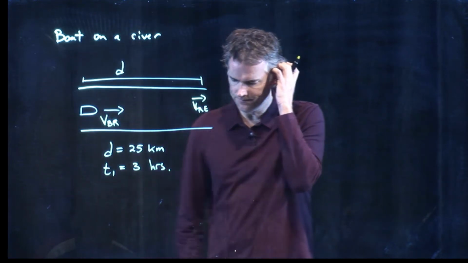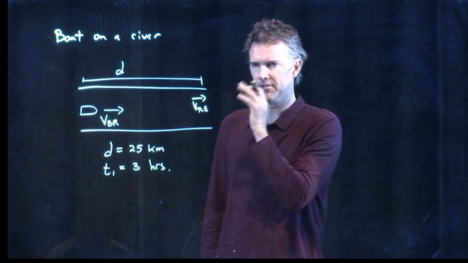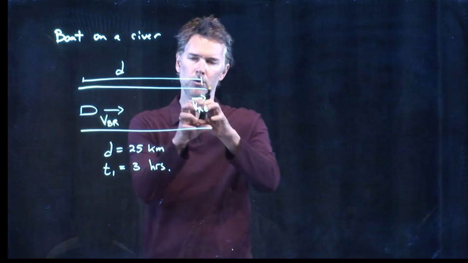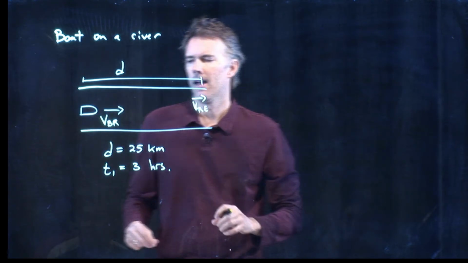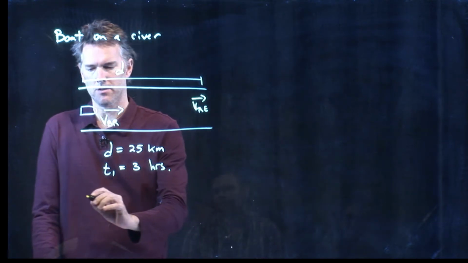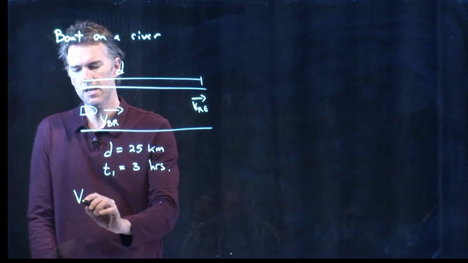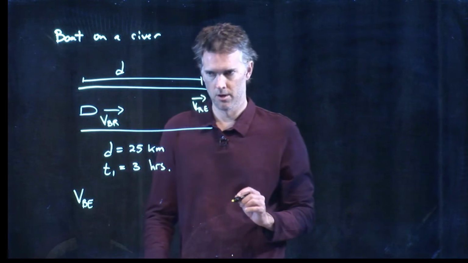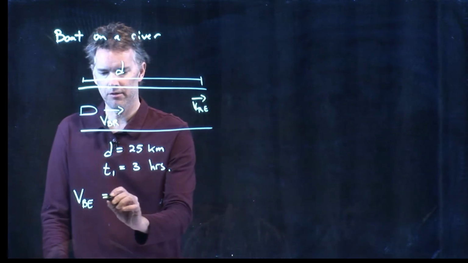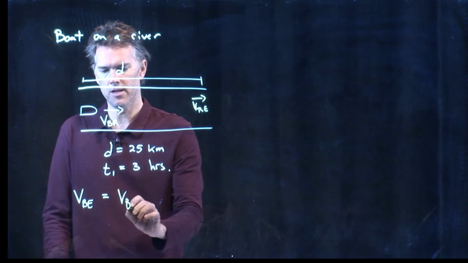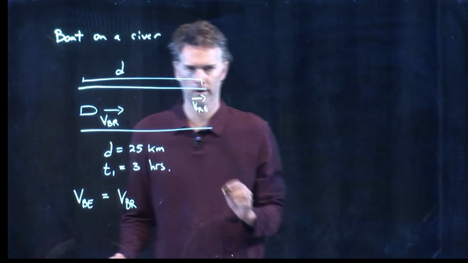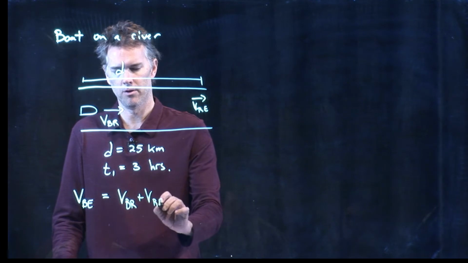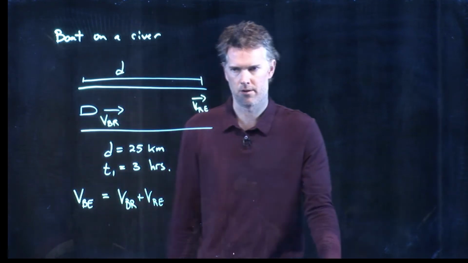All right. Let's just think about that problem for a second. If the boat is moving in this direction and the river is moving in the same direction, then the speed of the boat relative to the earth is clearly just the sum of those: V of the boat relative to the river plus V of the river relative to the earth.